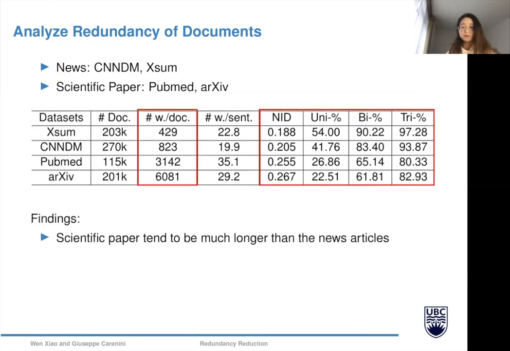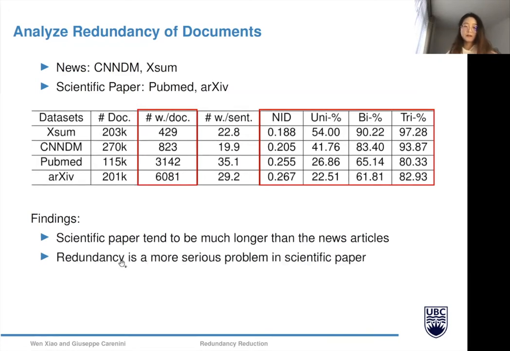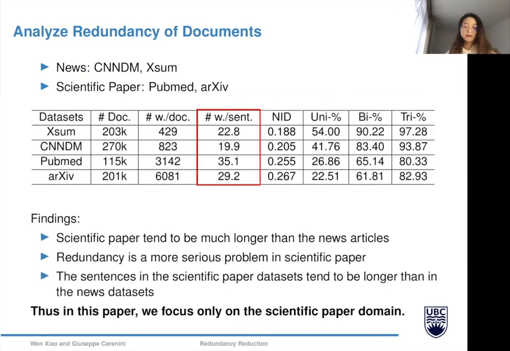From this table, we can find that the scientific papers tend to be much longer than news articles, and redundancy is a more serious problem in scientific papers. Also, the sentences in the scientific paper datasets tend to be much longer than news datasets, which might make redundancy reduction even harder for extractive summarization in the scientific paper dataset.